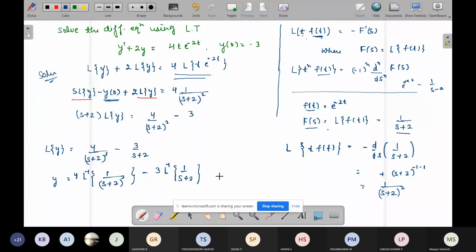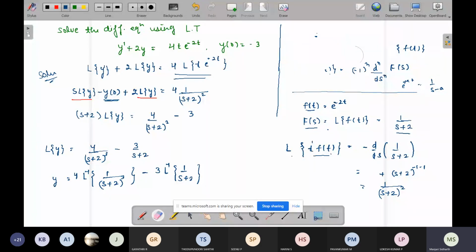Now if Laplace transformation of this is 1 over s plus 2 square, you should get to know by seeing the form that in the initial function, it is multiplied by some power of t. When f(t) is an exponential function and it is multiplied by a power of t, like t power 1, please understand here.